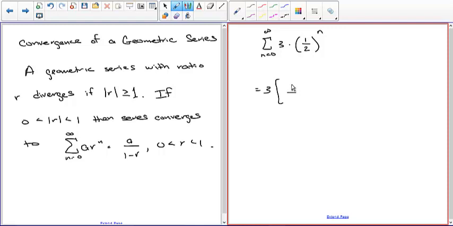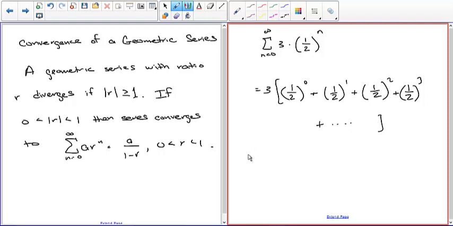Then you'll have 1/2 to the 0 power plus 1/2 to the first power plus 1/2 squared plus 1/2 cubed plus ... And so you'll have 3 times 1 plus 1/2 plus 1/4 plus 1/8. The next one will be 1/16.